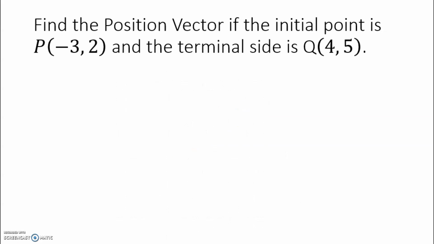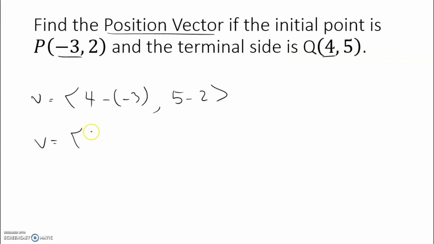We'll do the same thing for this one. Find the position vector for your initial point -3, 2, and your terminal point 4, 5. So V for vector, we're going to take the terminal side with the first components first, so 4 minus -3, comma, and then take the second components, starting with that terminal point, 5 minus 2.